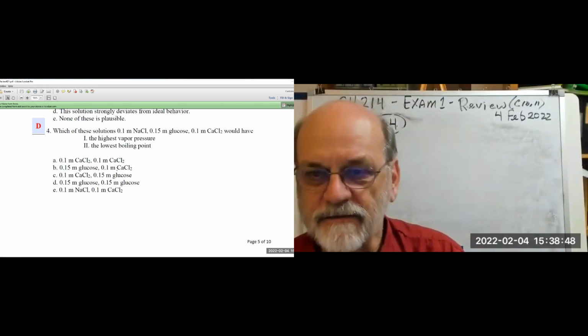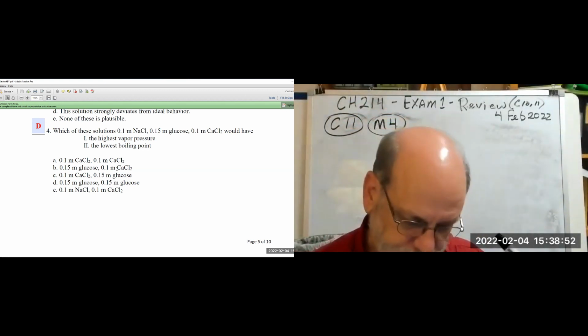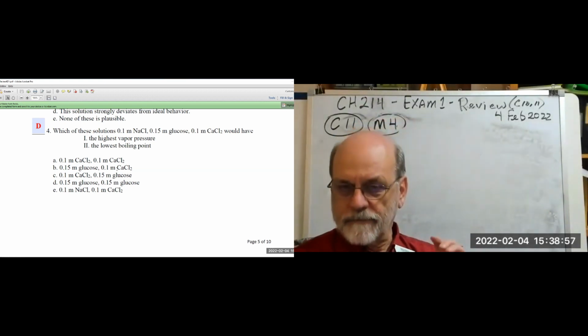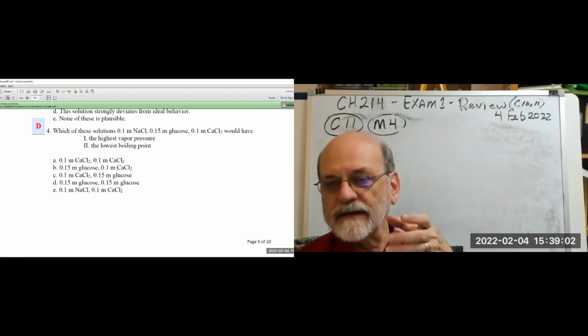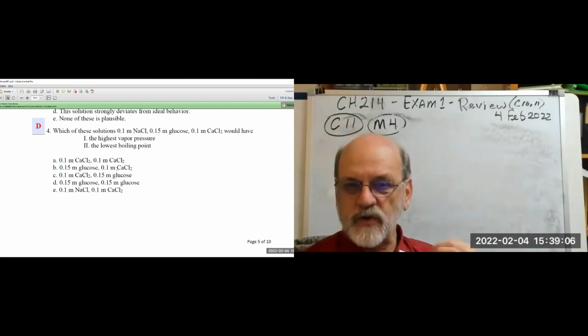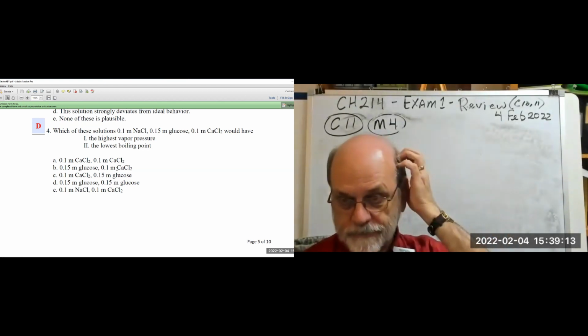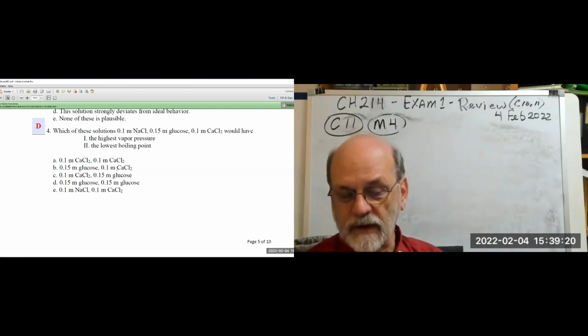The highest vapor pressure, this is Raoult's law with a volatile solvent and a non-volatile solute. So as you increase the concentration of the solute, you decrease the vapor pressure. So that's Roman numeral 1.